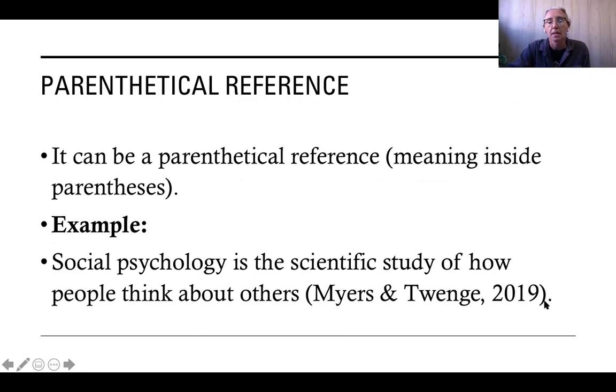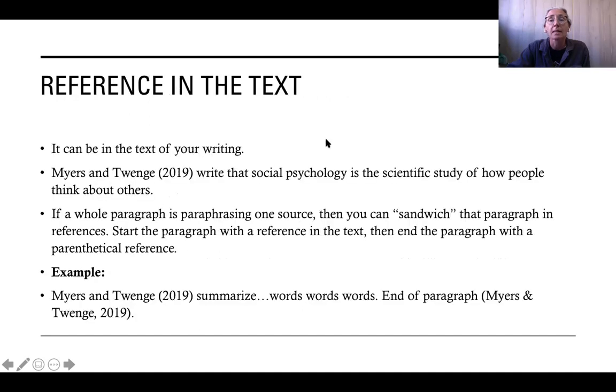Notice that the closed parenthesis is here and the punctuation is here. Okay, so that is a parenthetical reference. You can also do a reference in the actual text of your writing. So we can say Myers and Twenge, 2019, write that social psychology is the scientific study of how people think about others.